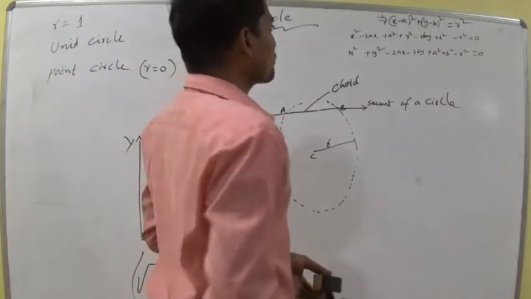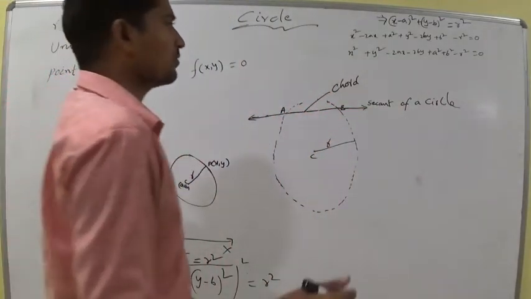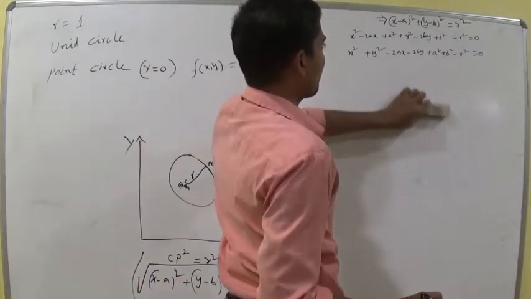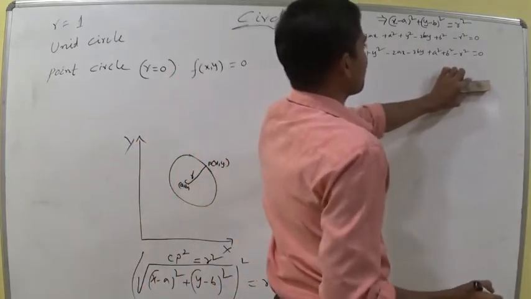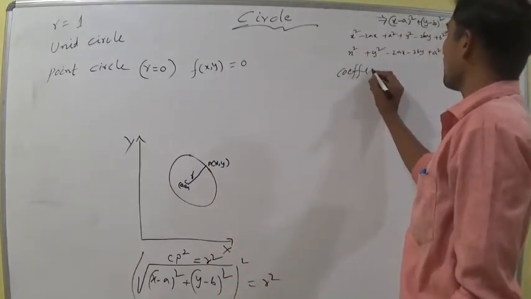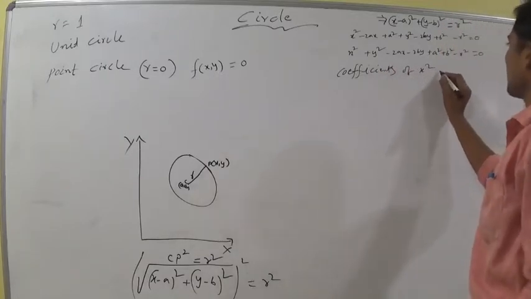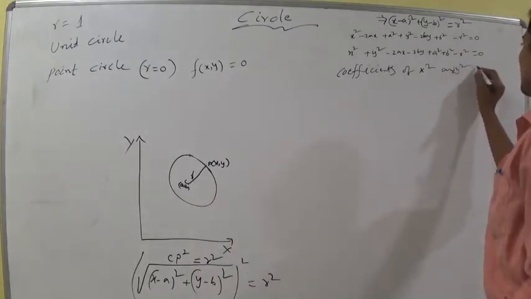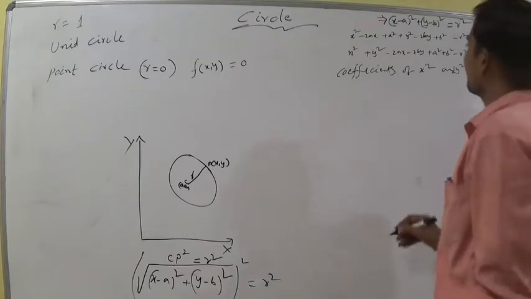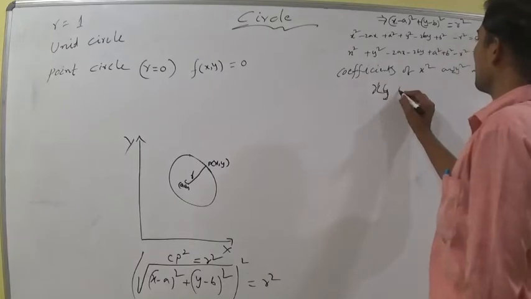Here we have to notice the points: the coefficients of x square and y square are equal, and the xy coefficient is 0.